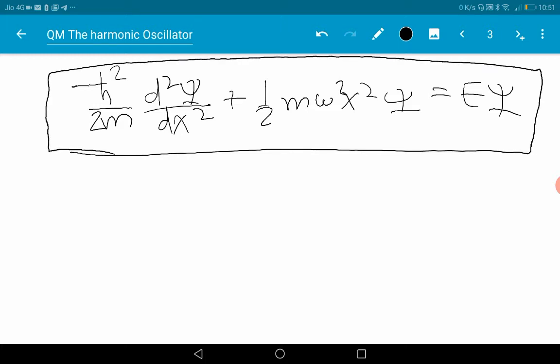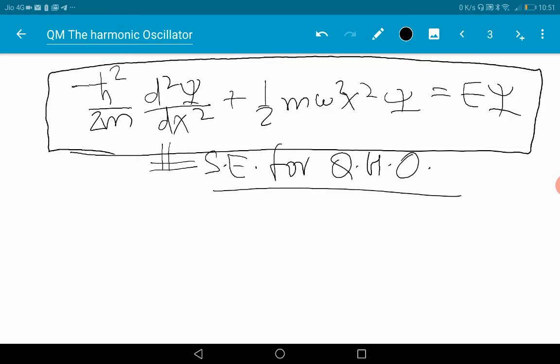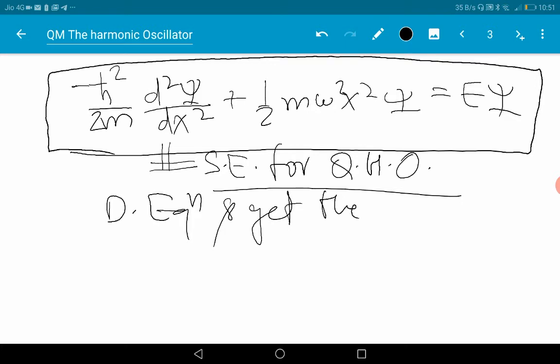And this is our Schrodinger equation for the quantum harmonic oscillator. We have to solve this differential equation and get the values of E which we want.